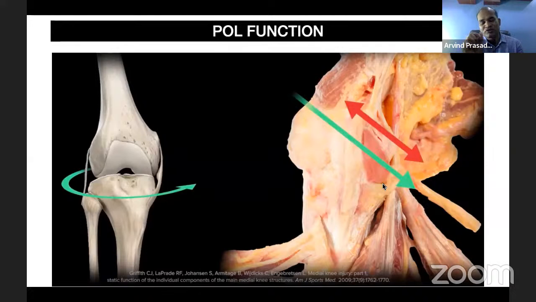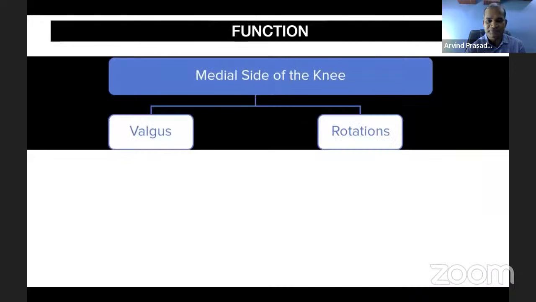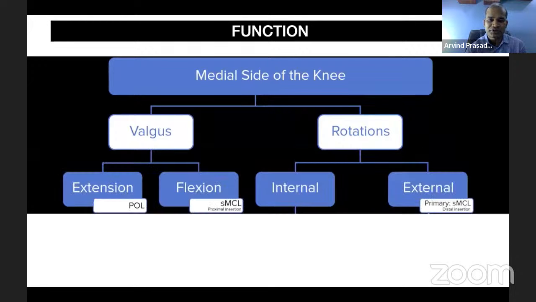Superficial MCL acts mostly with highest capacity at 30 degree of knee flexion. And this posterior oblique ligament provides prevention of the valgus opening at 0 degree of knee flexion. So the action is prevention of the valgus as well as the rotation.